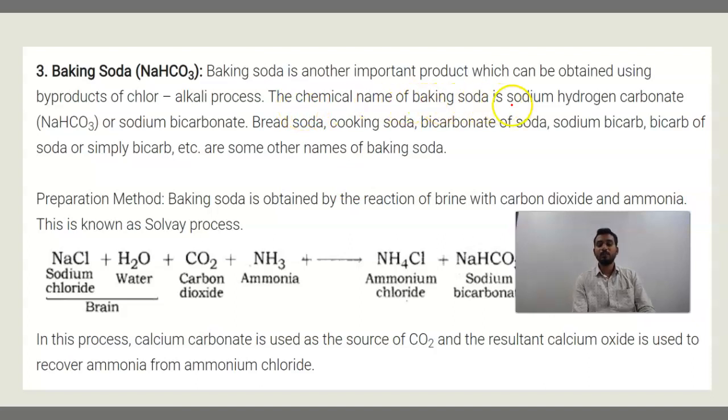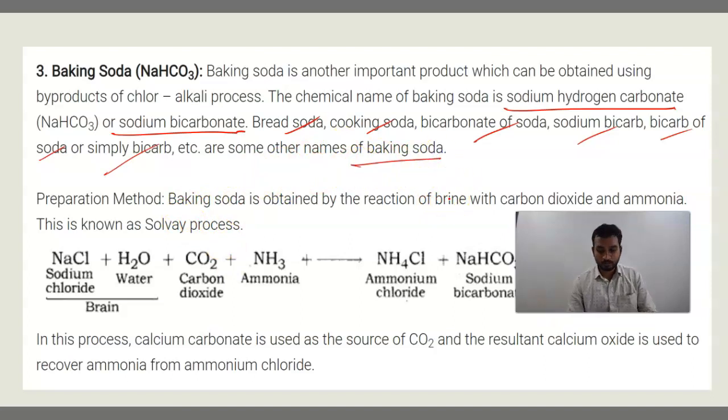The chemical name of baking soda is sodium hydrogen carbonate or sodium bicarbonate. Bread soda, cooking soda, bicarbonate of soda, sodium bicarbonate, or simply carbonate, etc. are some other names of baking soda. We call baking soda by different names.